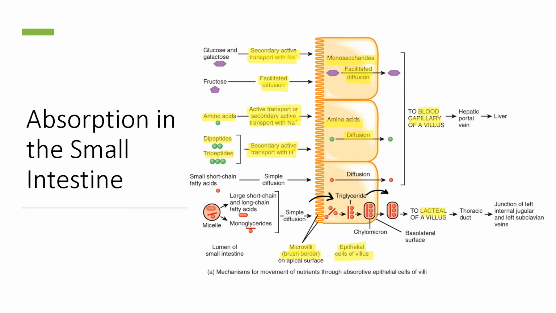Now, we're moving on to lipids here, which are the red colored molecules. All dietary lipids are going to be absorbed by simple diffusion. Now, small short chain fatty acids are very hydrophobic and they contain less than 10 to 12 carbon atoms, so they're going to be a little bit more water soluble.